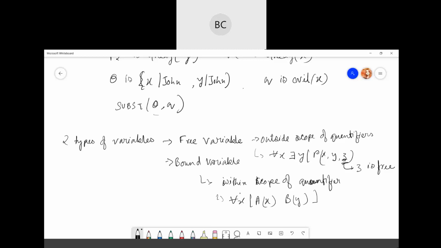Here x and y both are bound variables, and here z was your free variable. Okay, so next we come to unification.